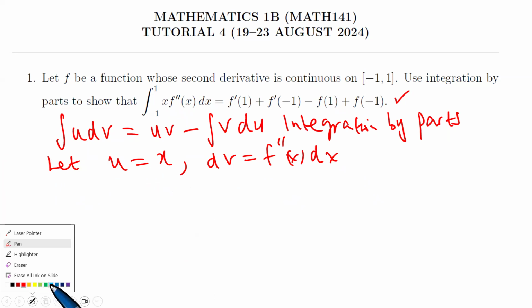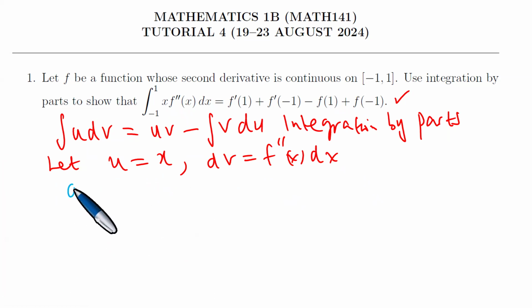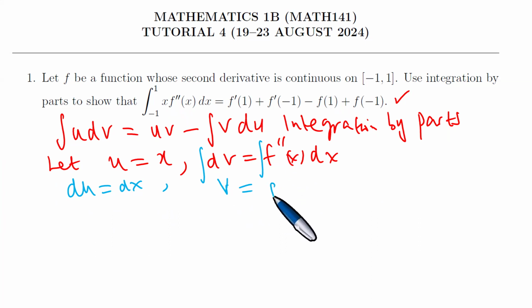So now we find the derivative of u with respect to x. du/dx is 1, which means du is equal to dx. We find the integral, meaning v. If you integrate f double primed, it's going to be f primed, because by integration you are removing the derivative. First we find the integral, and then we'll plug in the limits of integration.